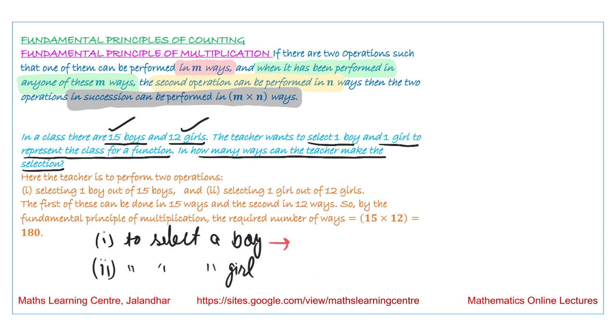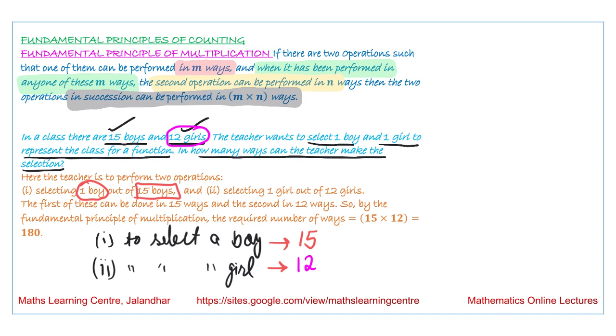Now there are a total of 15 boys, out of which one boy is to be selected. So the number of ways in which this operation can be performed is 15. The number of girls we have is 12, so the number of ways we can choose one girl out of these 12 girls is 12.